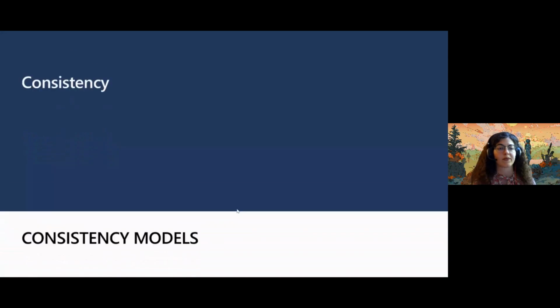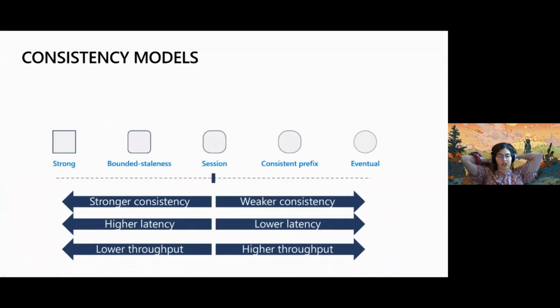All right. Let's see now the consistency models. We understood how latency is impacted by data locality. And now we're going to see the consistency models that CosmosDB provides. Basically, it provides 5 different models, and the default one is session.